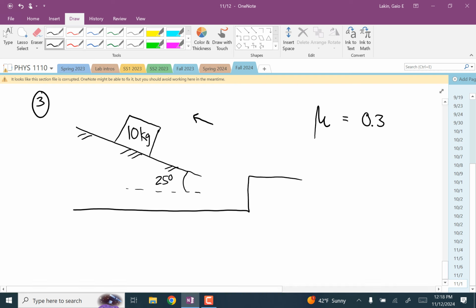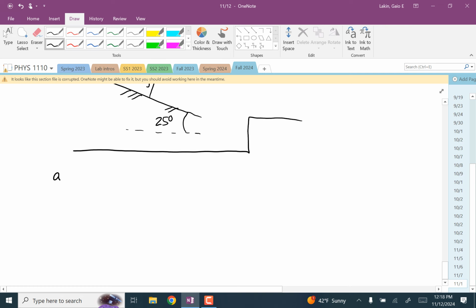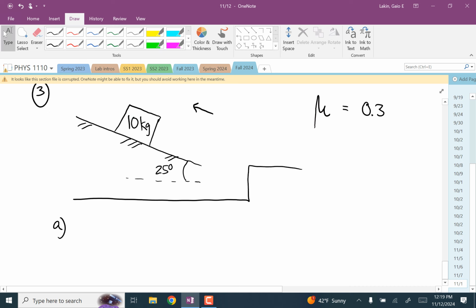Once we calculate the acceleration direction, if it's in the same direction as the velocity, it's going to be speeding up. If it's in the opposite direction of the velocity, it's going to be slowing down. Okay, so we're going to use a rotated coordinate system like this.